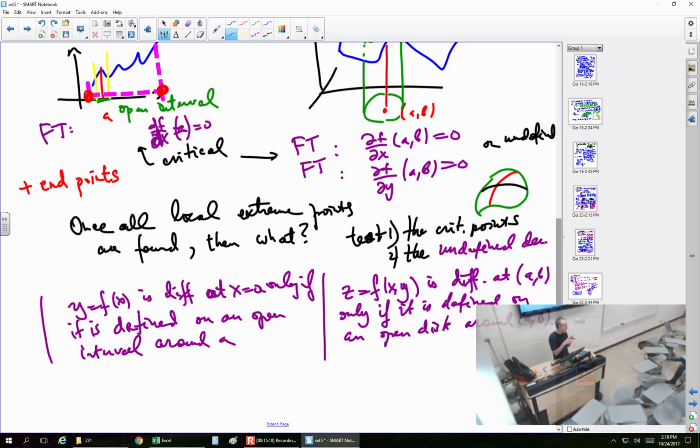It is an omnidirectional limit, which means from all directions you should be able to approach that point. Before you ask whether it exists or not, you should be able to approach that point from all directions. So if some of the directions are missing, then you cannot do that. That is the assumption hidden inside the differentiability condition, that the function is defined around it.